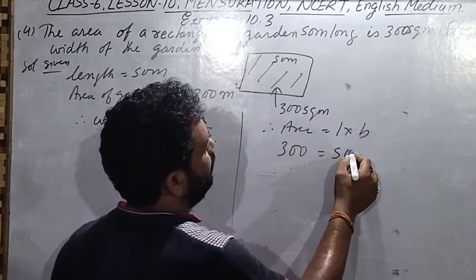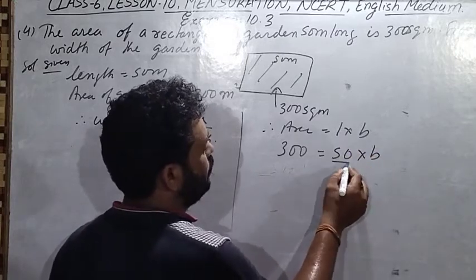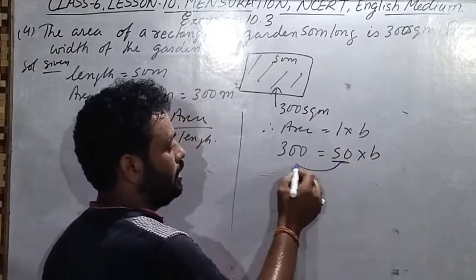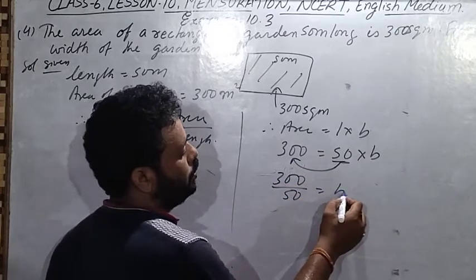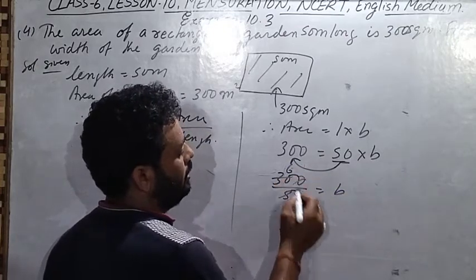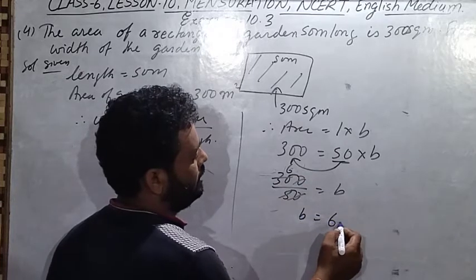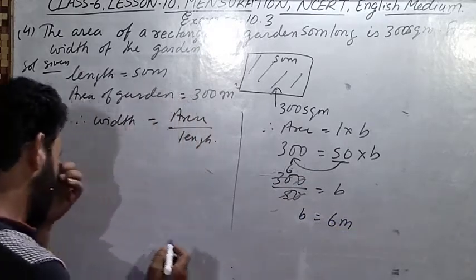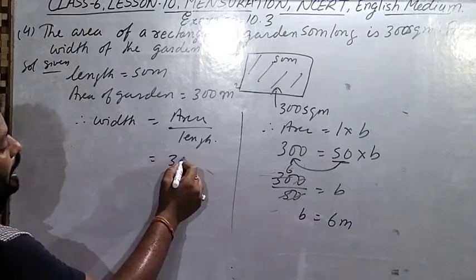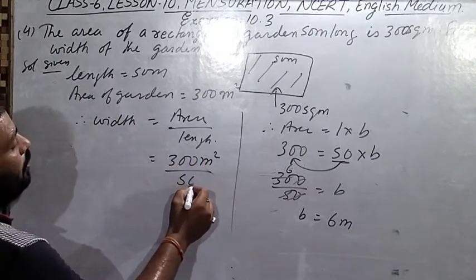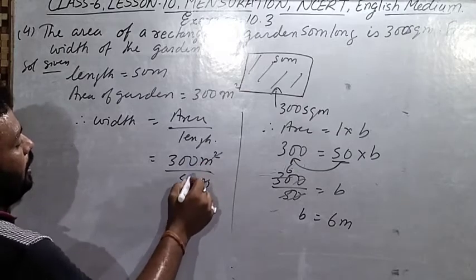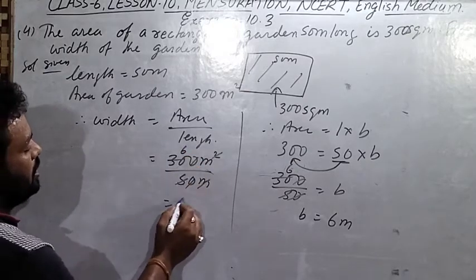Length is given 50 into B. Since this one is here in multiplication, it will go this side and become division. Is equal to B. Divide it. Width will be 6 meter. Or if you are doing here directly by formula, it will be like this: 300 meter square by 50 meter. Again it will come 6 meter.